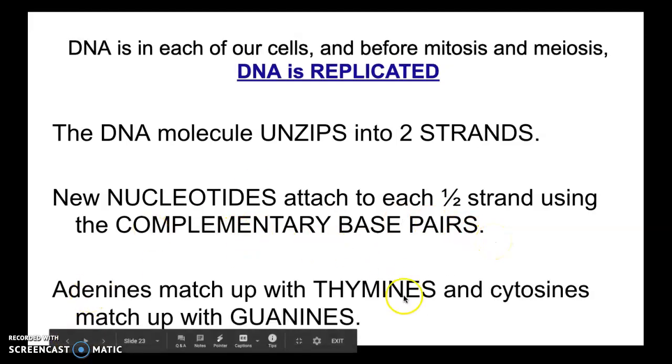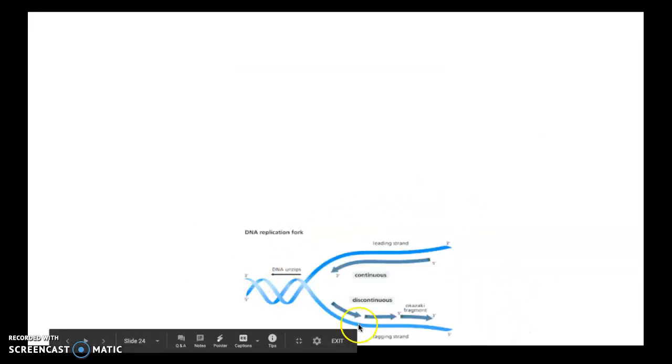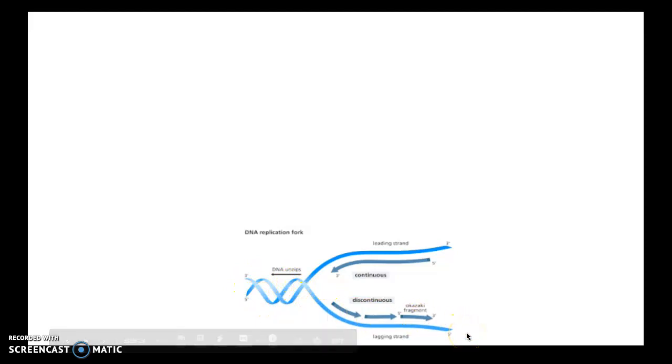A's always go with T, C always goes with G. So this is the simple version of what happens here. You have your leading strand, which is 5' to 3', and you have your lagging strand, which is 3' to 5'. Just make sure you understand that much so far.